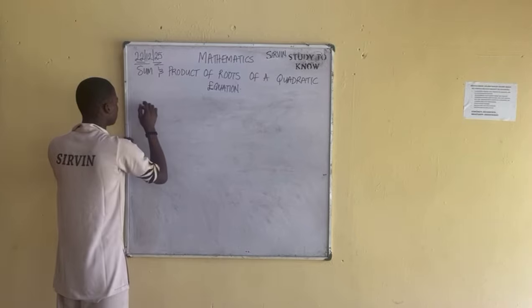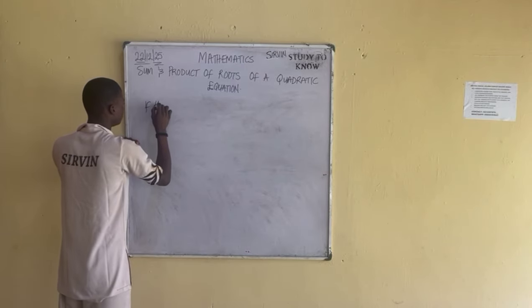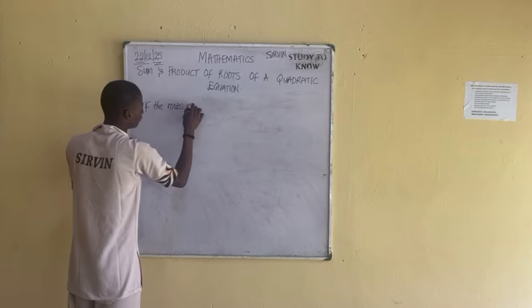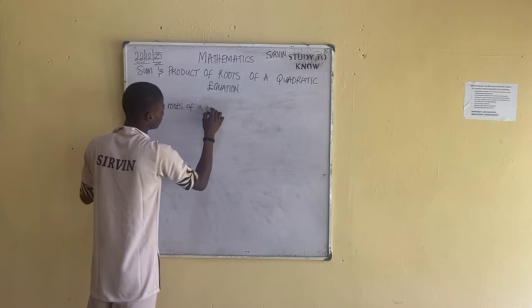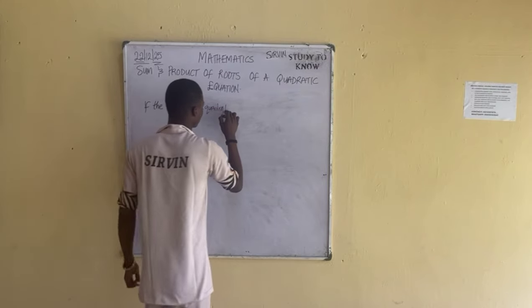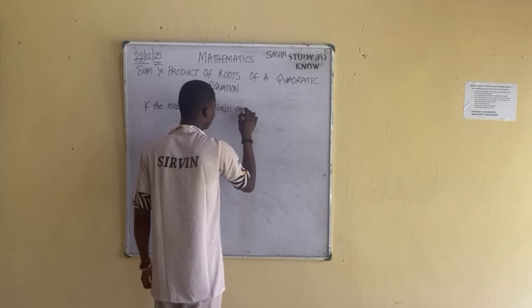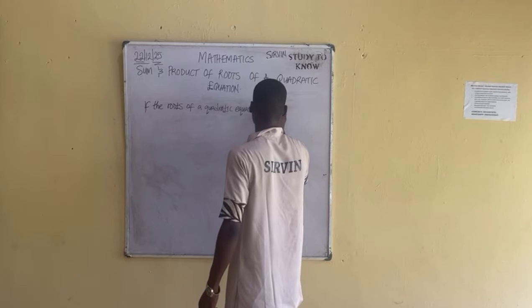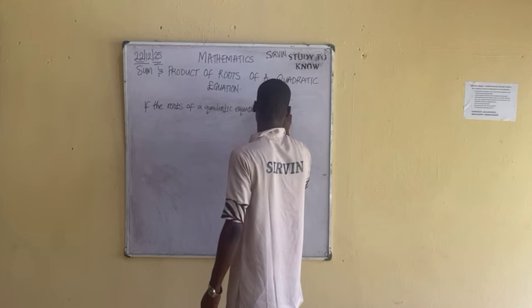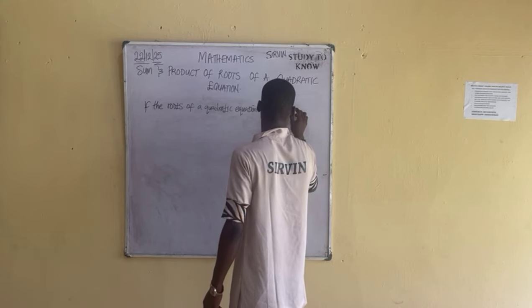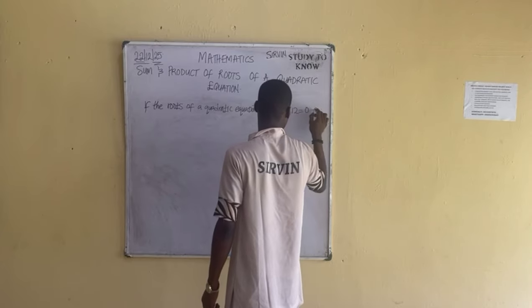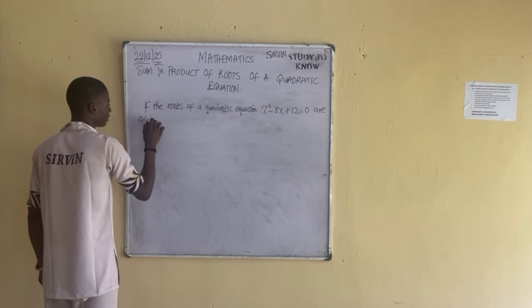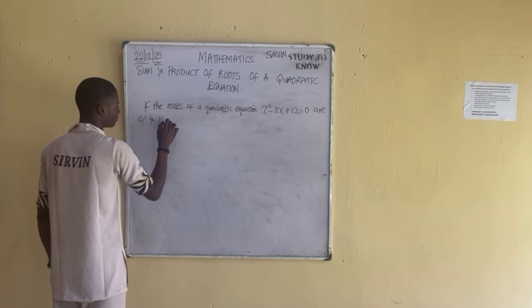So let's say, if the roots of a quadratic equation x squared minus 8x plus 12 equals 0 are alpha and beta.